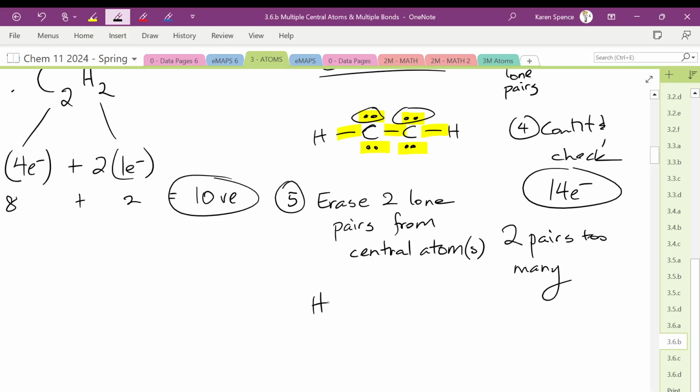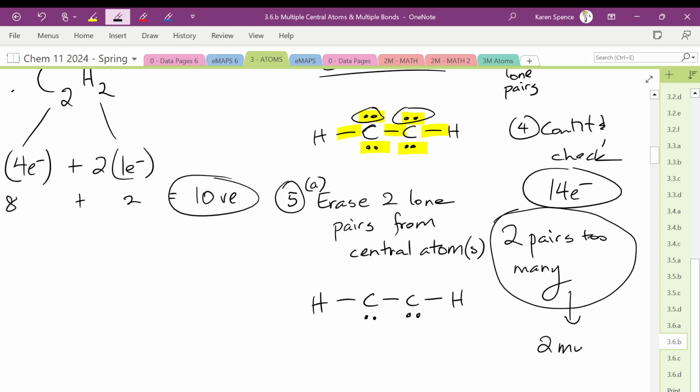So now I have H, C, C, H. So that's 5A, is to erase those pairs. But remember, when we start erasing pairs, that also tells us how many multiple bonds we're going to have. How many multiple bonds will we have if we erase 2 pairs? We will have 2 multiple bonds, and they can be in the same location or different locations. It doesn't matter. Okay?